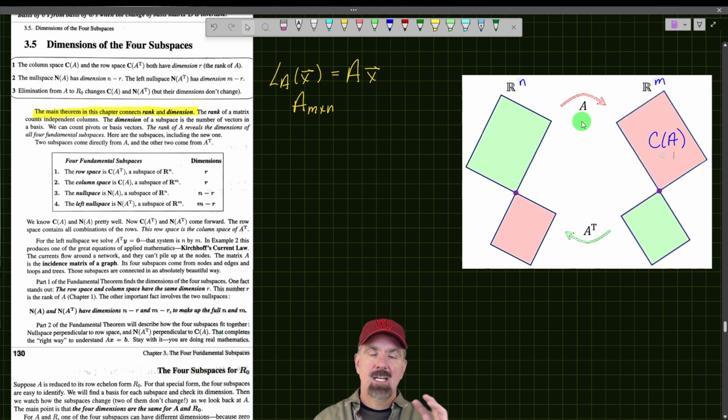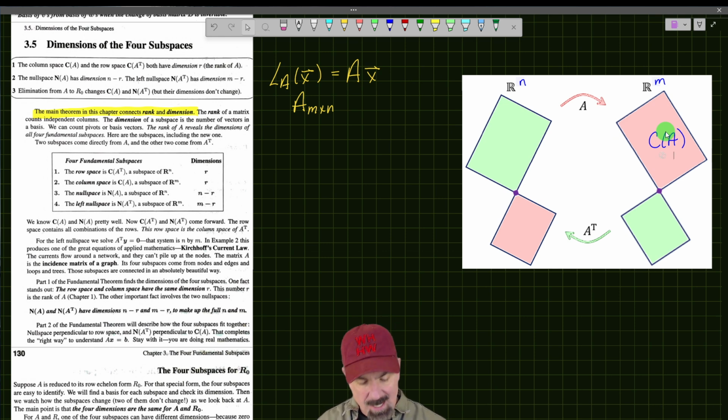Because for every linear transformation, there is a transformation that goes in the opposite direction if we consider A transpose. And we'll talk about that. But this A transpose is what fills out the picture for us with respect to the four fundamental subspaces. So the column space, which is really the range of this linear operator, is one important aspect of A.